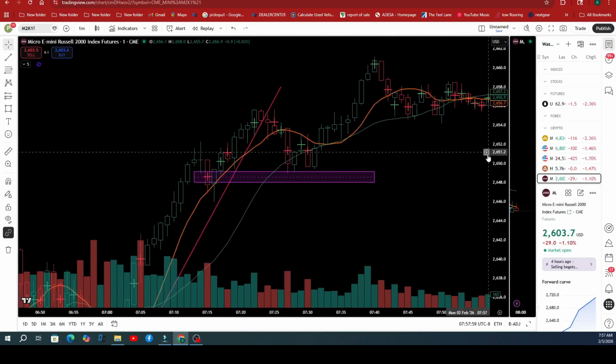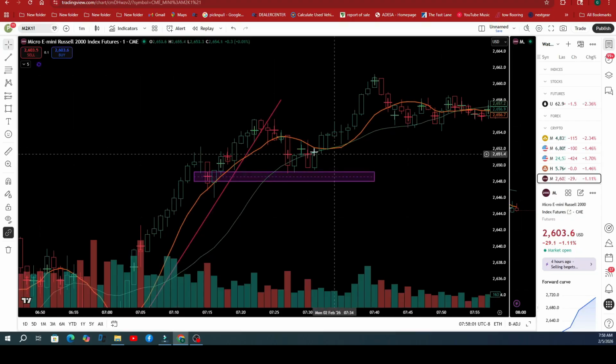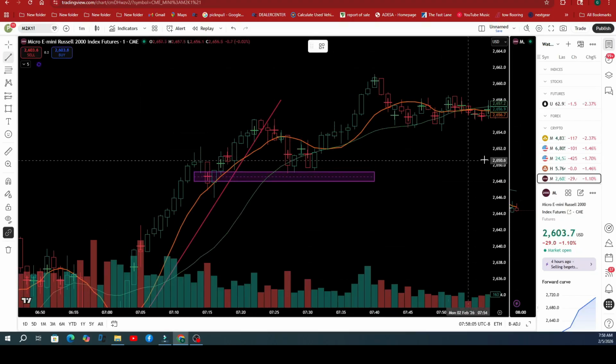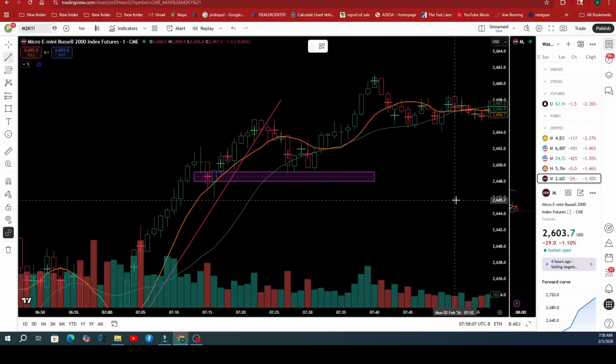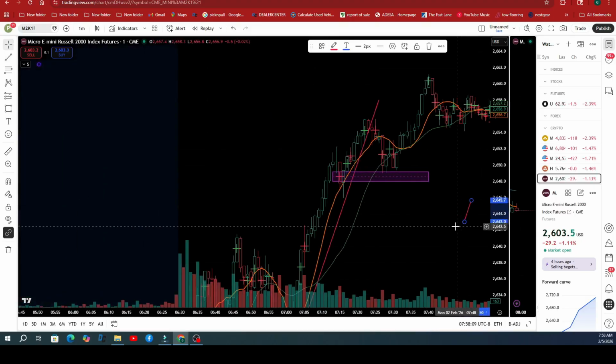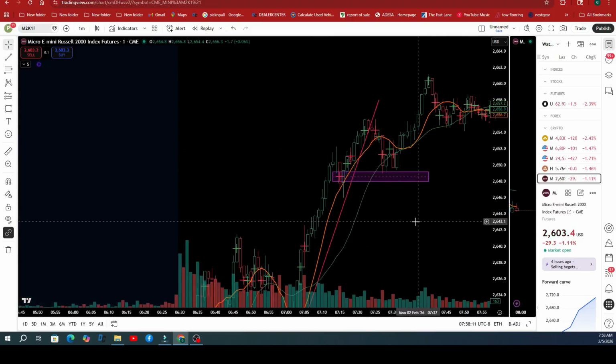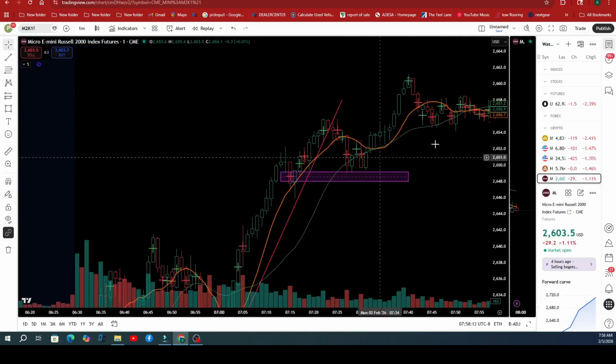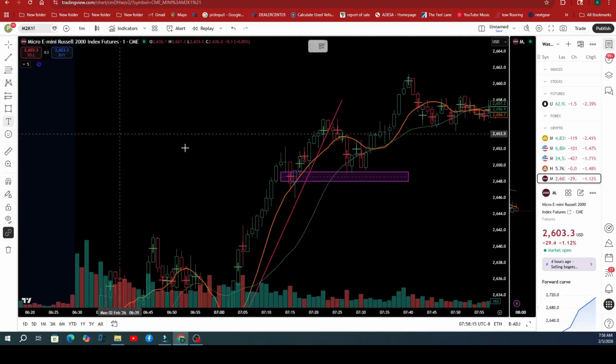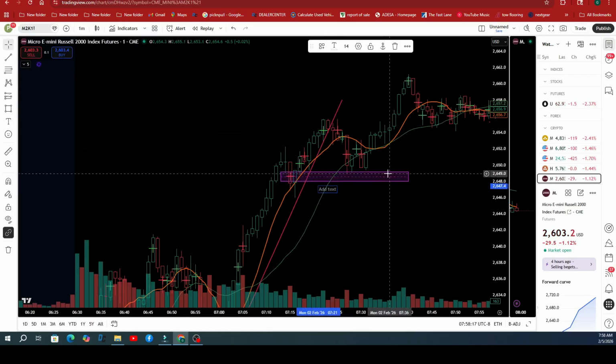But MES, M2K will typically come to the cross. And then once they come to the cross, from there, you jump in. Your stop loss should be underneath the cross. Like I said, the stop loss is tight, and it works. And then, like I said, you guys saw the trade, pretty solid trade. And so that was M2K right there. Easy trade for sure.